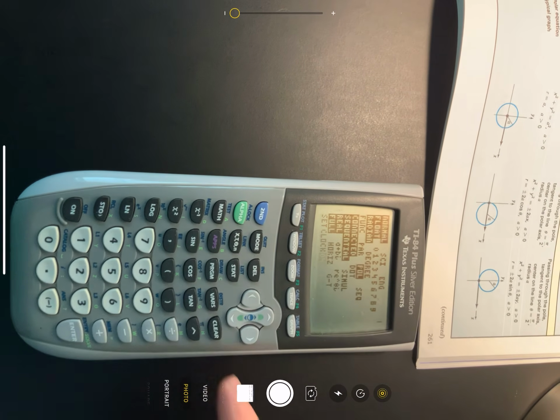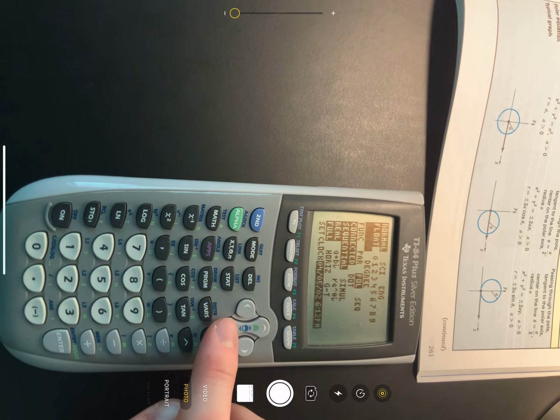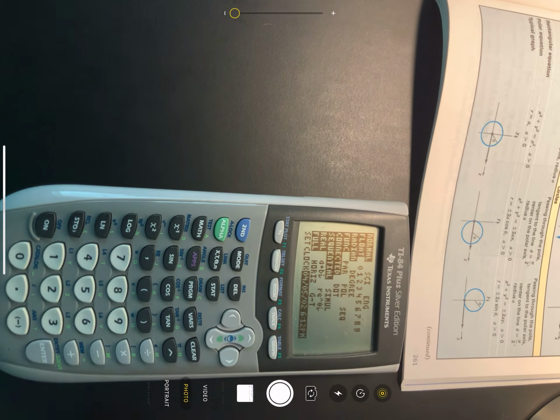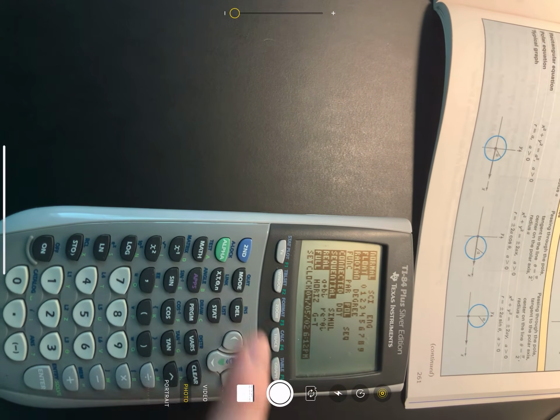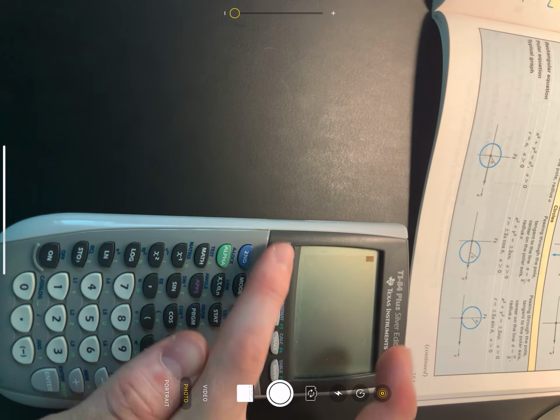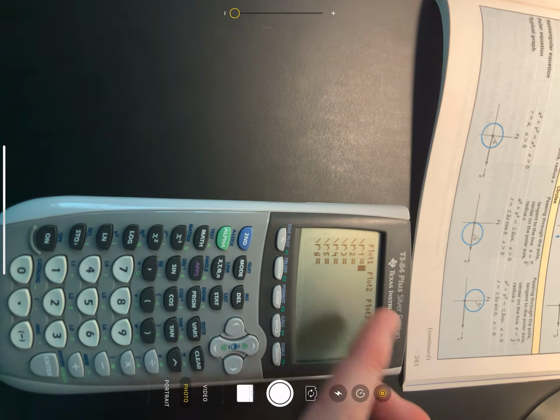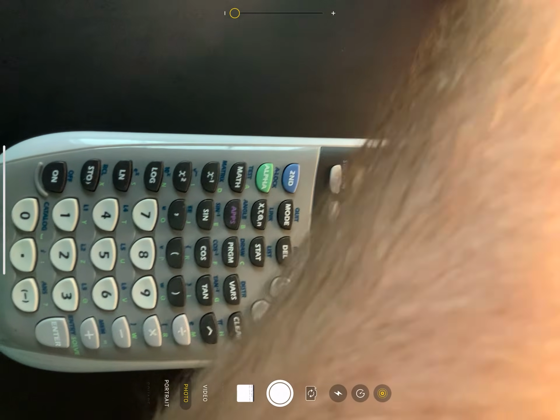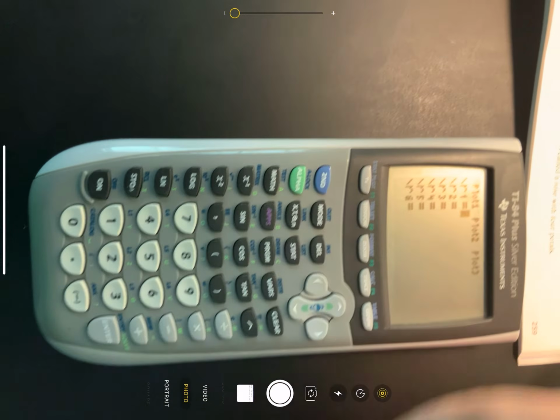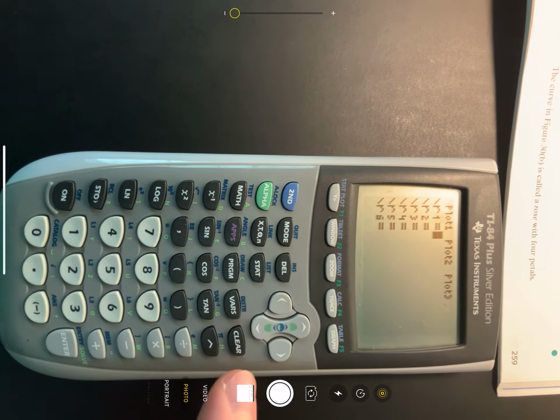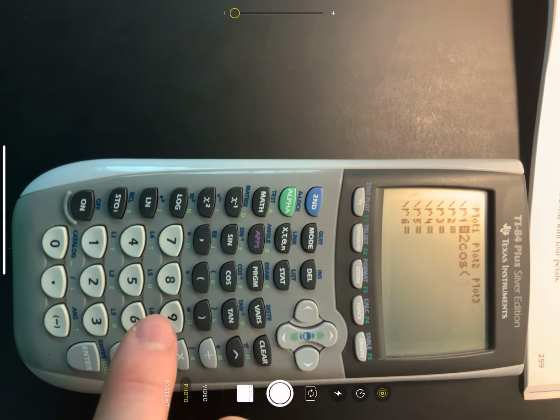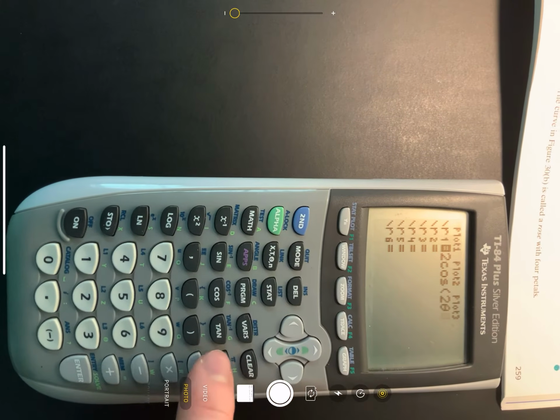I go to mode and I go down, and right now it says function, but you're going to move over to polar, and you're going to click the polar, and you're going to quit, and then you're going to go in, and now you can graph. Okay, and to graph that rose, the rose equation, so that was 2 cosine of 2 theta, close parentheses.